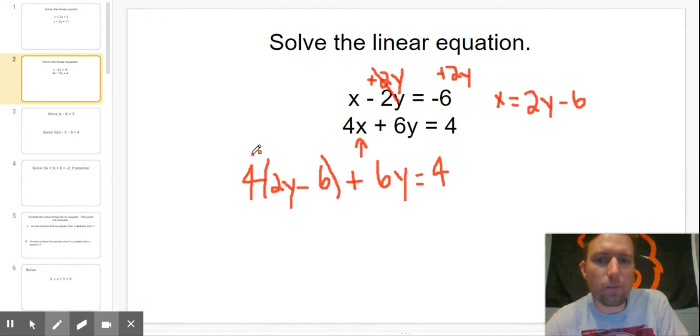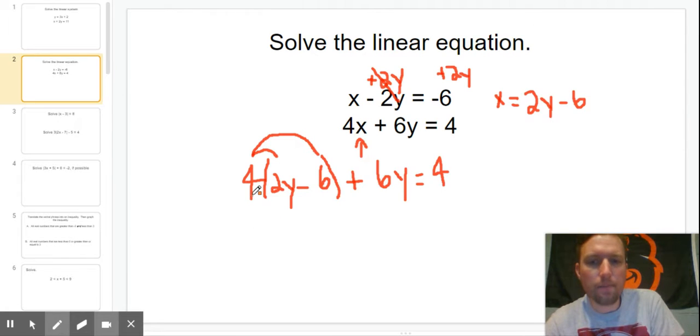The first thing we're going to do is the distributive property of multiplication. We multiply 2y by 4 and 6 by 4. 2 times 4 gives me 8y. 6 times 4 gives me 24, so -24, because it's -6, negative times positive.